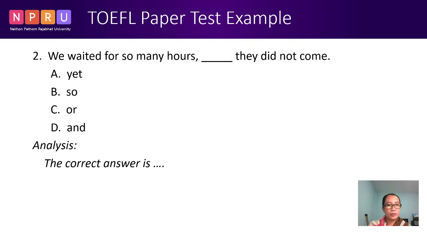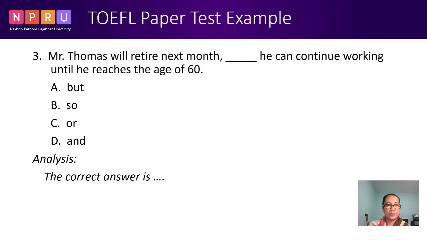Okay, number 2, we waited for so many hours, comma, blank, they did not come. A, yet. B, so. C, or. D, and. So you have to answer that. Okay, third item. Mr. Thomas will retire next month, comma, blank, he can continue working until he reaches the age of 60. A, but. B, so. C, or. D, and.